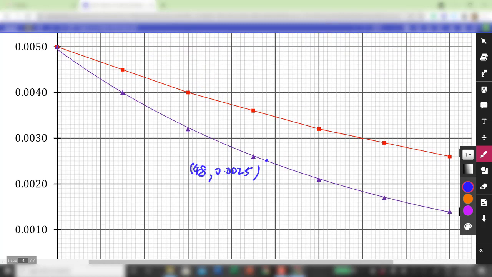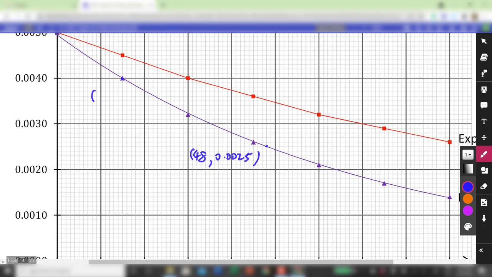Okay, so in this case, let's check out where is a good point to check. Maybe we can check 0.040, so maybe this point. Yep, so we'll check this point, so that's 15 and 0.0040, and then we'll check out 0.002, so that's over here.